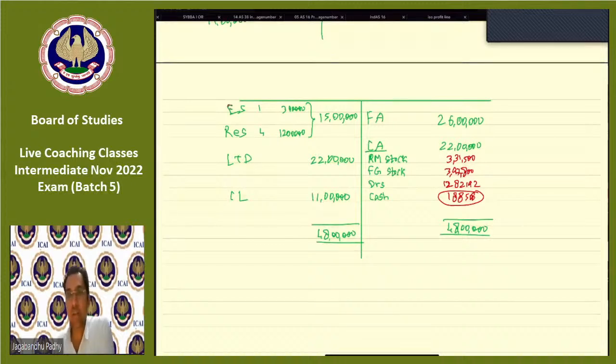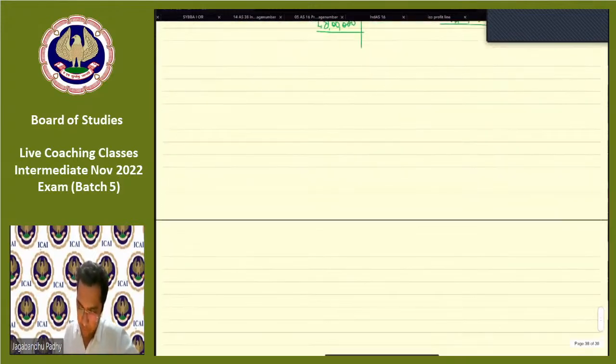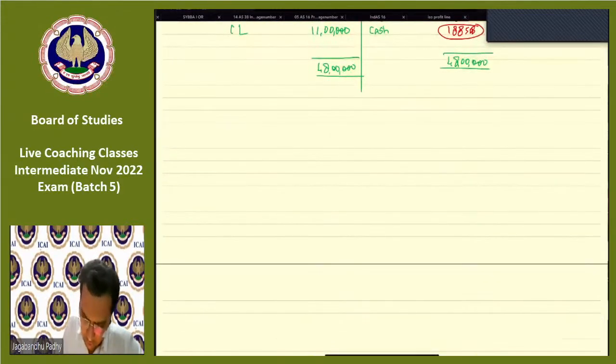Now, apart from balance sheet, the question asks us to prepare even the P&L. A P&L can be similarly prepared by using the information that we have obtained. You can prepare the P&L in the normal format, also in the T format. Say sales of 78 lakh.